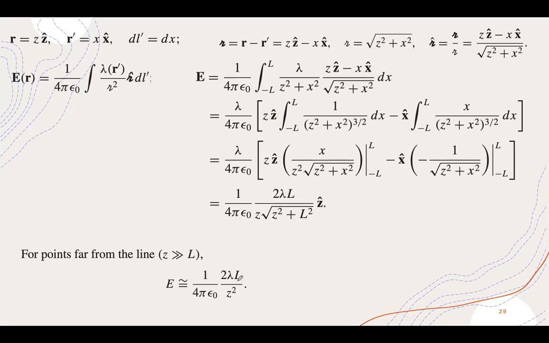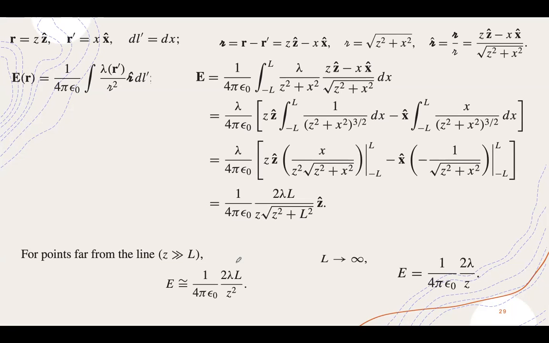And this 2 lambda L is basically working as a charge, by having this limit.